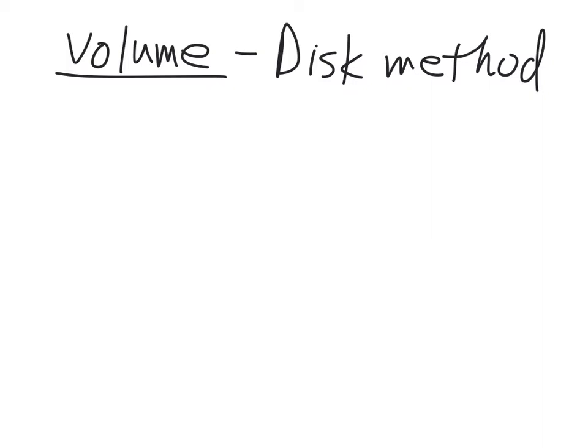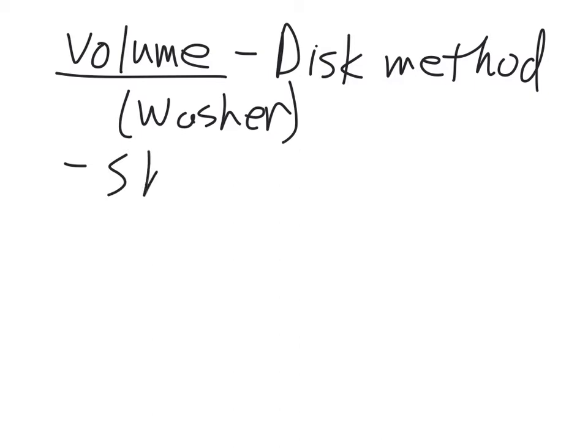And then using the disk method, once in a while we ended up with a hole in the middle, which the disk method can sometimes turn into a washer. And then we extended to a different technique, still finding volume of a surface of revolution, but using the shell method.